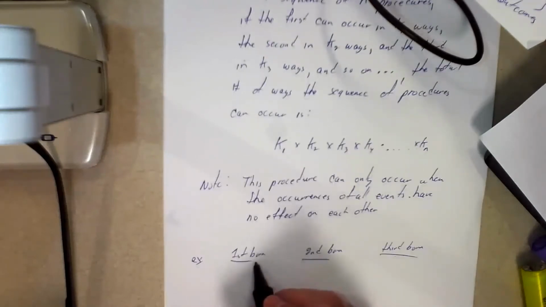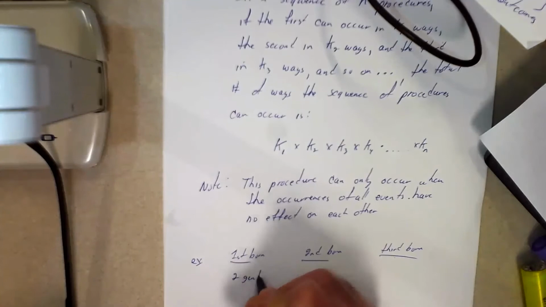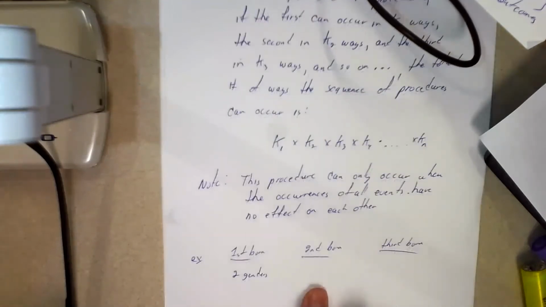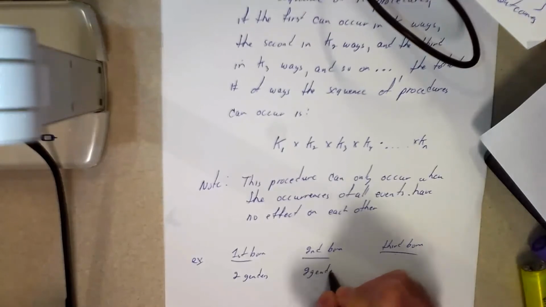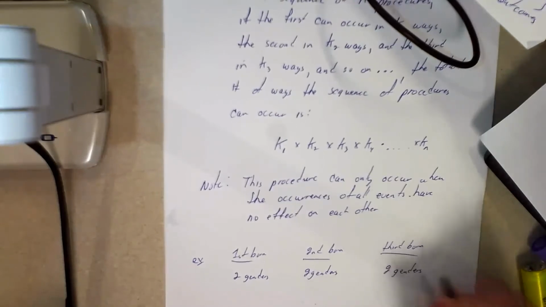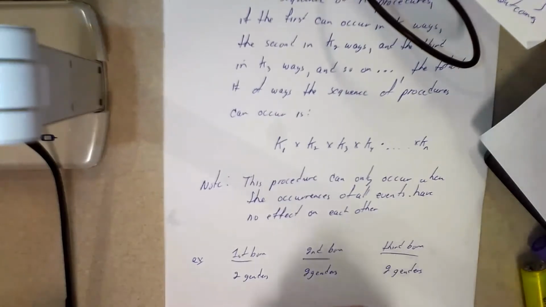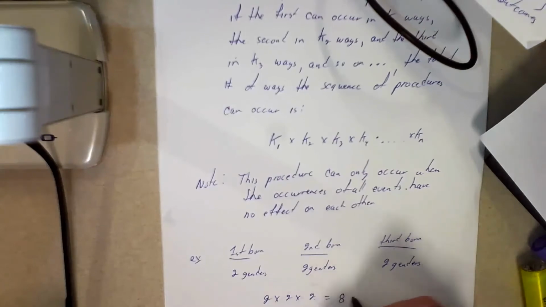So firstborn, how many choices do I have? How many different genders do I have? I have 2 of them. There's 2 genders. Secondborn also has 2 genders. And the third has 2. So you multiply them. 2 times 2 times 2 gives us 8 total outcomes.